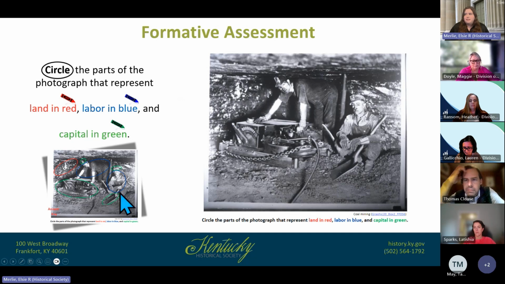Blue is the labor, these gentlemen here in that small cramped space mining the coal, and then capital in green. They're going to be able to circle the various tools that they see. We have a shovel. We have another artifact that is in the artifact list that we didn't look at today, a coal miner's cap. They have those present here, as well as this machine down here towards the bottom that this gentleman is leaning on.